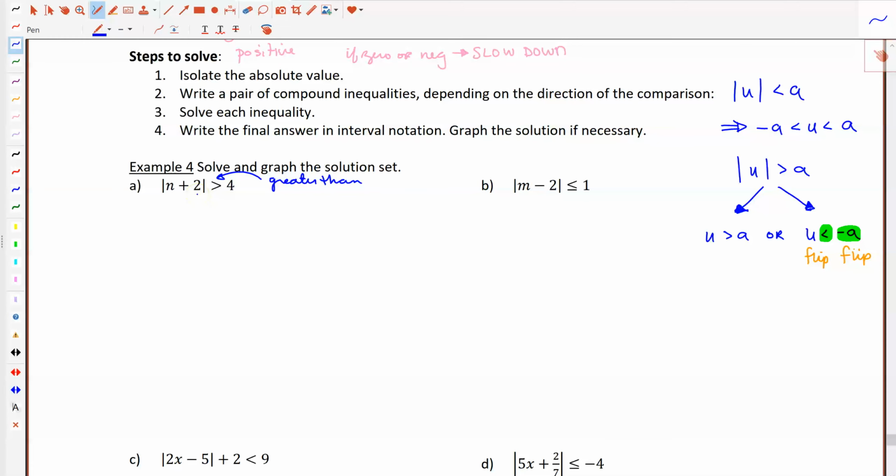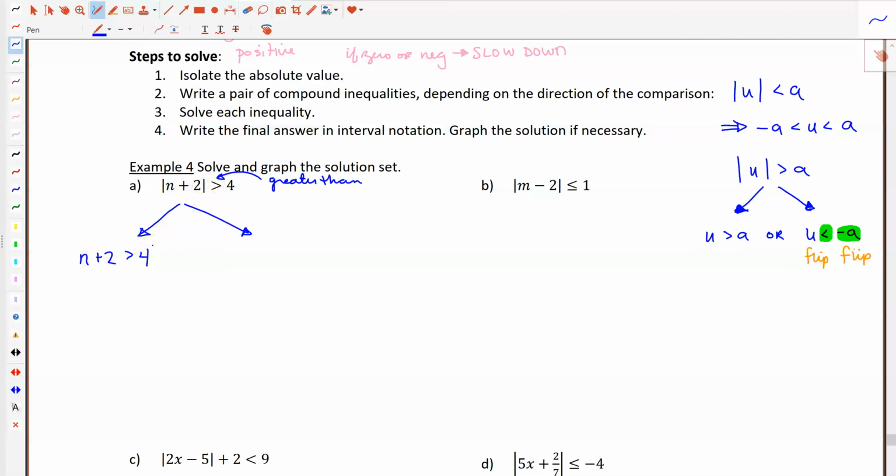Now we're going to break it into our cases. For the first case, which is the easier one to remember, you just write the original problem with no absolute value bars. So n plus 2 is greater than 4. That's my first case, and I'm going to solve that in a moment.